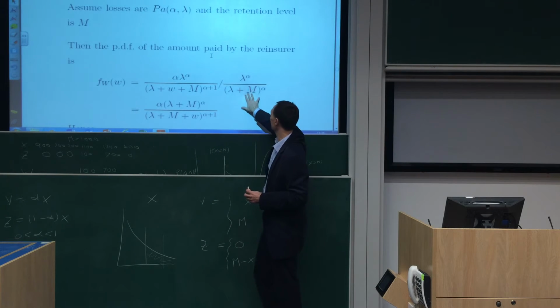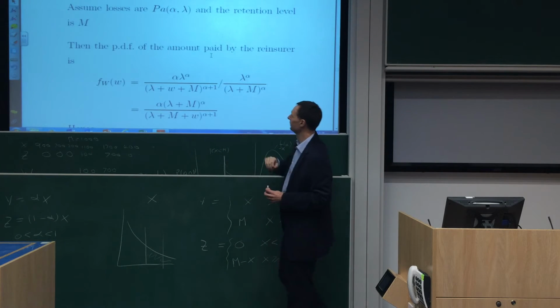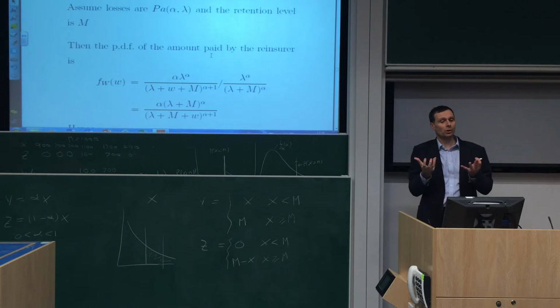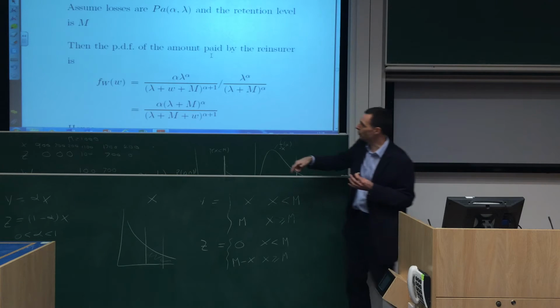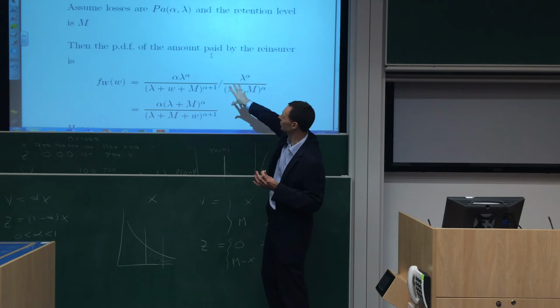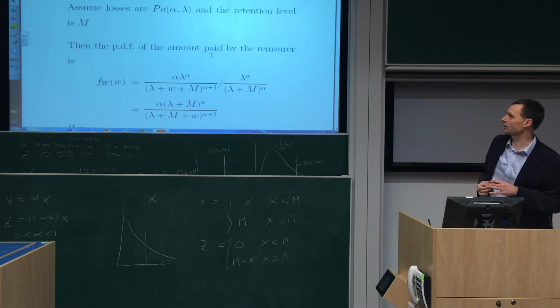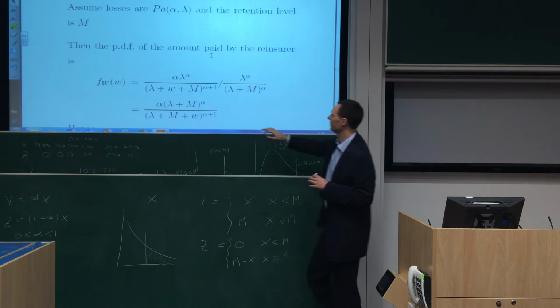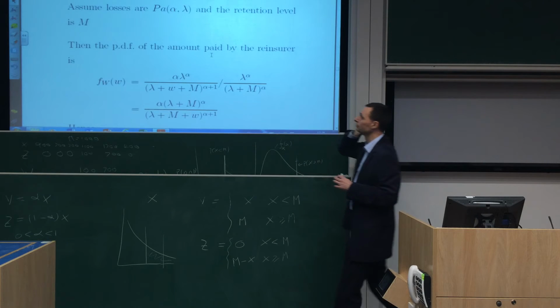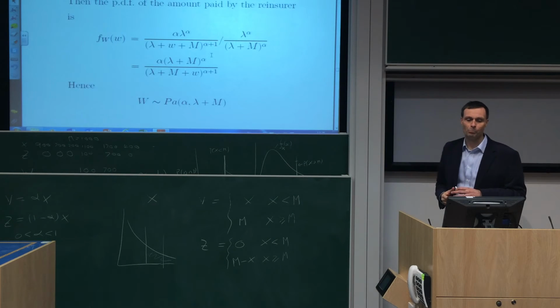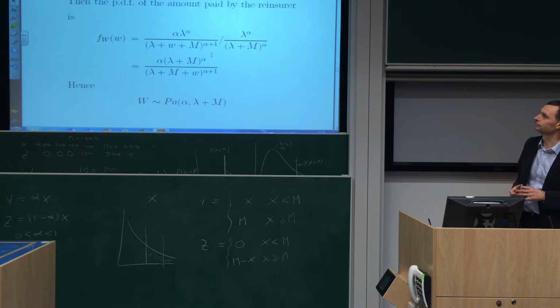This is the survivor function of the Pareto. Remember, f of w has to be a density, so by definition, because we've used this conditioning rule, it's going to be a density. The question we're asking ourselves is, is it something we recognise? And here it is something we recognise. It's another Pareto, but with parameters changed.